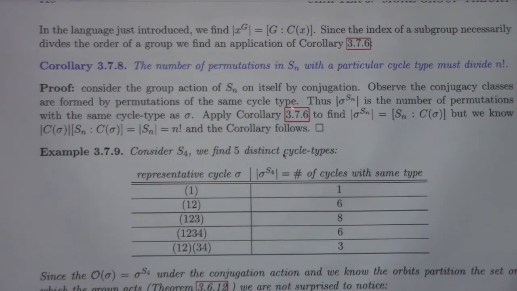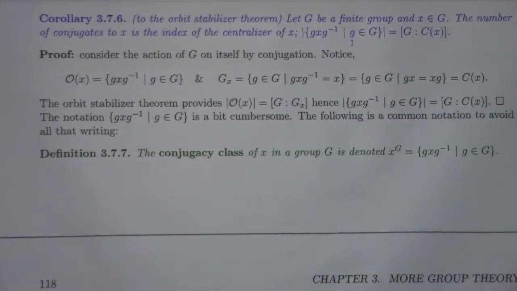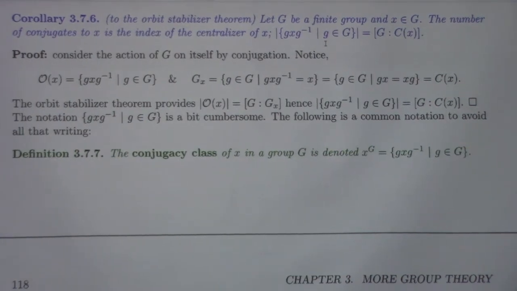Now, this corollary 3.76, which is referred to, which one's that? Let's take a tour back memory lane here. This is the orbit stabilizer theorem specialized to our current context. And it says this: if G is a finite group and X is in G, the number of conjugates to X is the index of the centralizer.